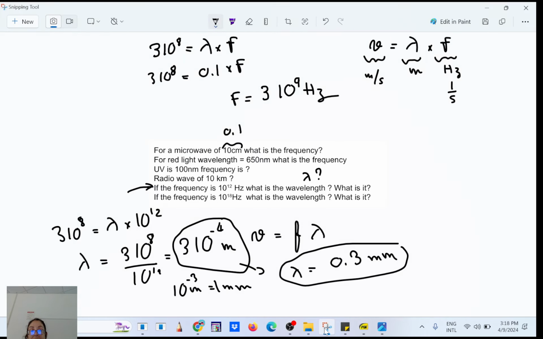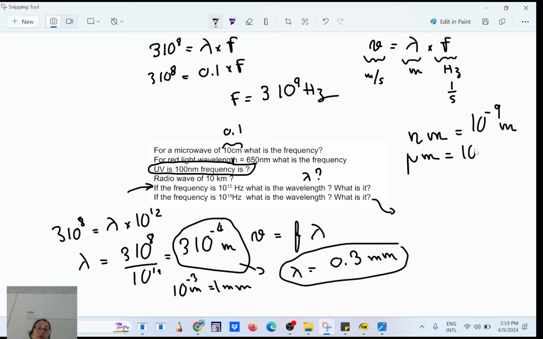Let's see if we have another example. What about this one? So the trick is, try to do this one, the UV one. You need to not forget how to convert. So nanometer means 10 to the negative 9 meters. Micrometers means 10 to the negative 6 meters.